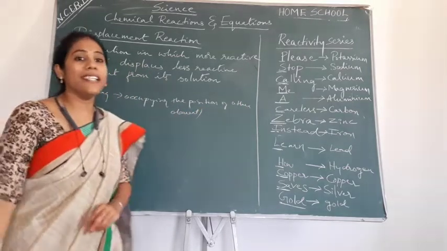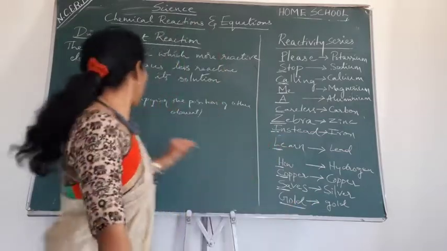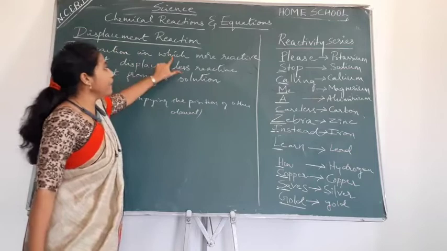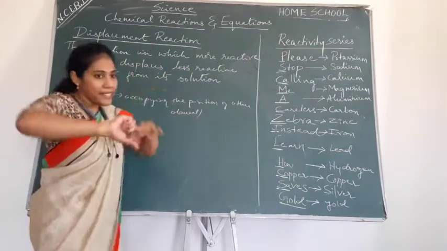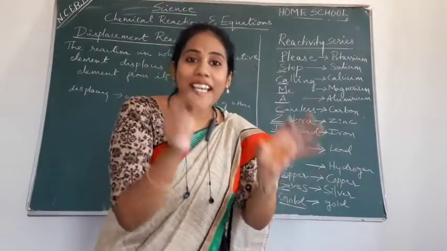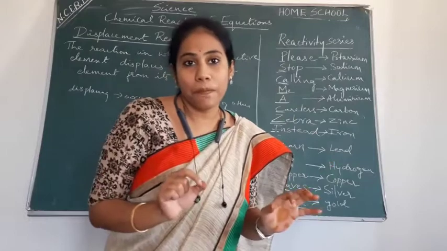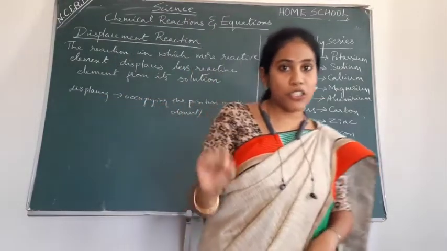This is the meaning of displacement. Okay. So now you read the definition. The reaction in which a more reactive element displaces, that means it will occupy the position of a less reactive element from its solution. Okay. So when you see the example, you will understand it much more clearly.